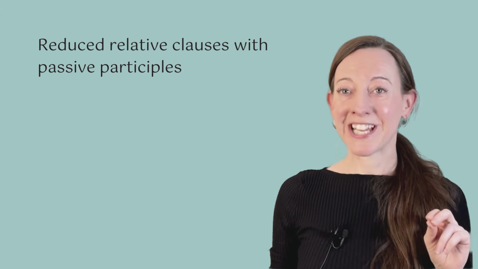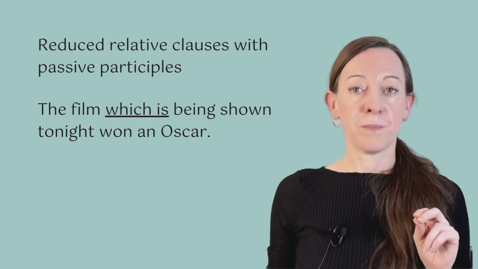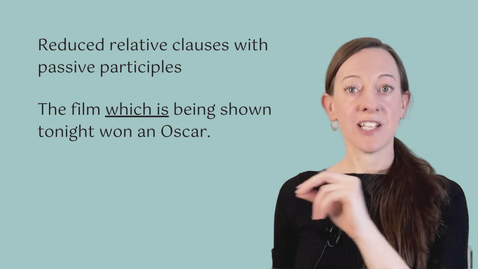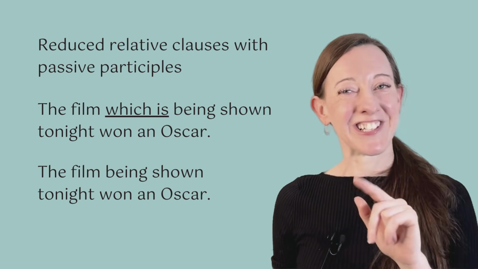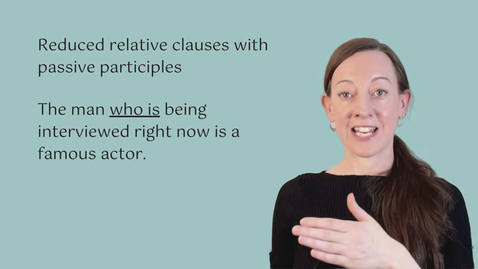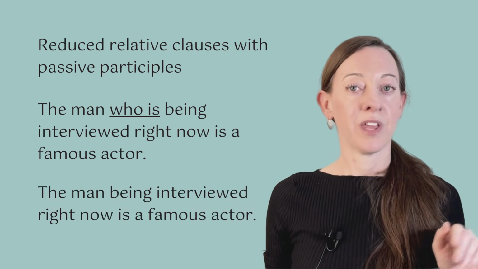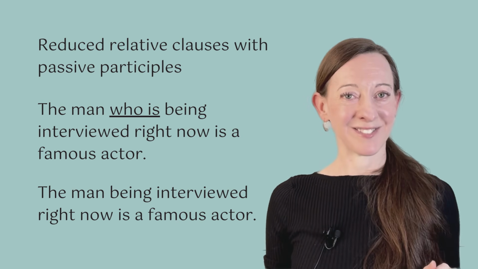And finally, we can do this with passive participles. The film, which is being shown tonight, won an Oscar. Instead, we can say, the film being shown tonight won an Oscar. The man who is being interviewed right now is a famous actor. The man being interviewed right now is a famous actor.